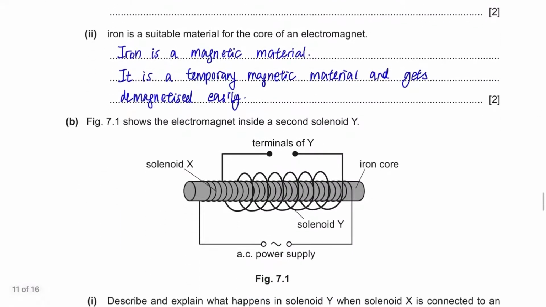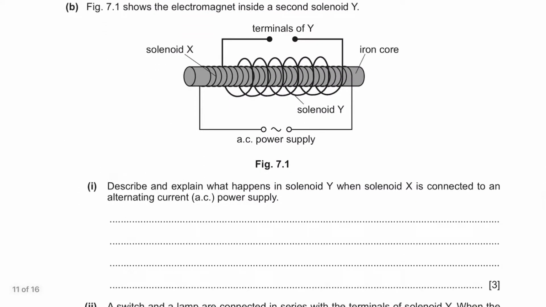Part B. Figure 7.1 shows the electromagnet inside a second solenoid Y. Inside solenoid Y, there's another solenoid X, terminals of Y here, and an iron core. Describe and explain what happens in solenoid Y when solenoid X is connected to an alternating current AC power supply.